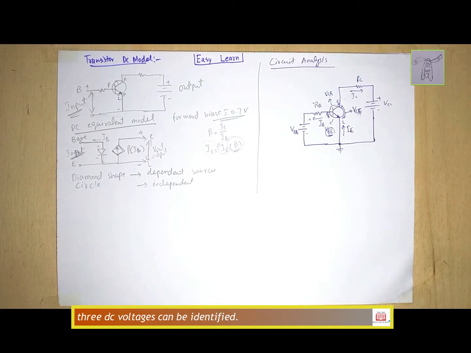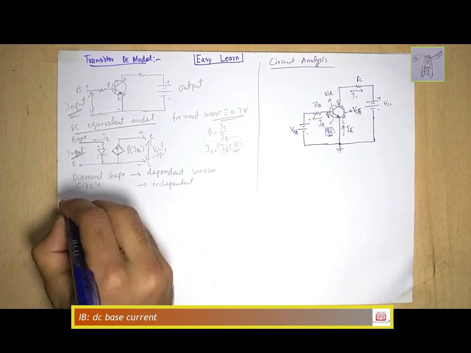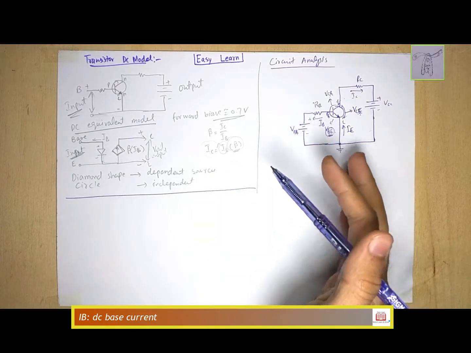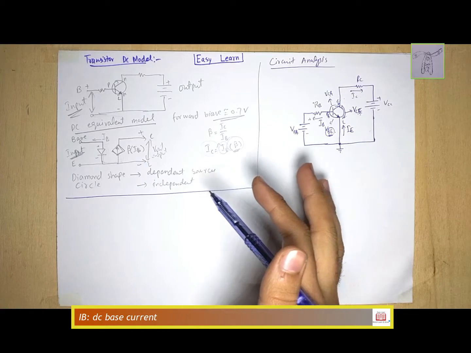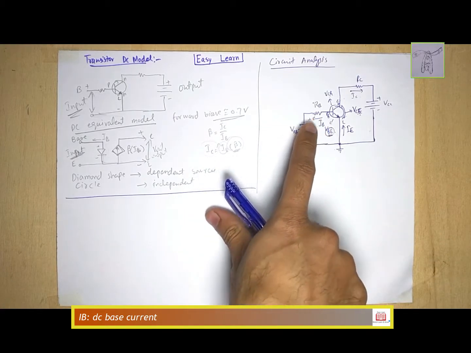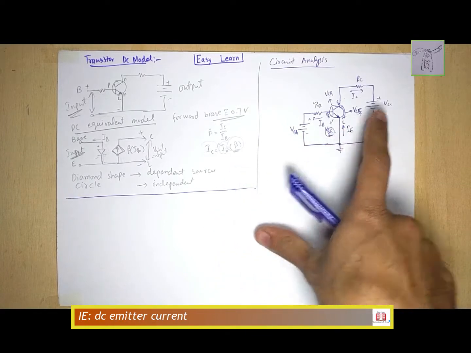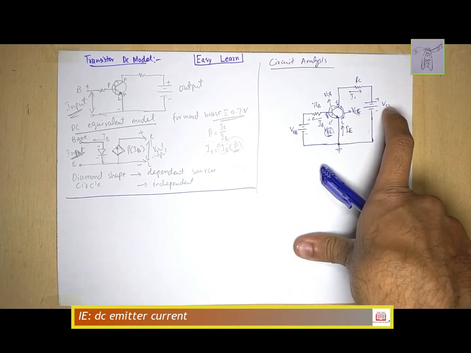So let's start our discussion. First of all, VBB forward biases the base emitter region, and VCC reverse biases the base collector region.